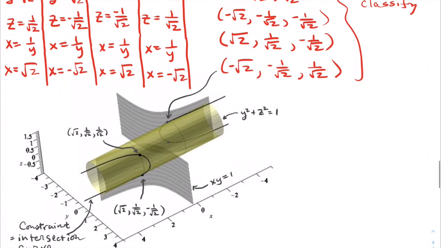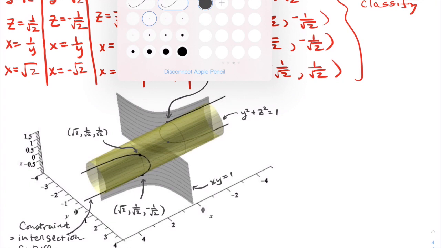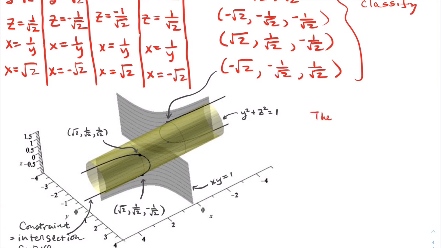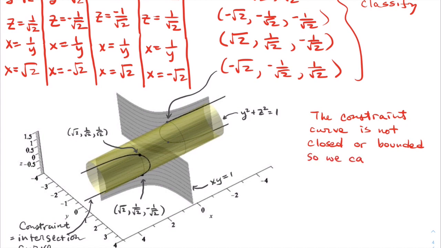And the intersection curve is not closed or bounded. So we can't use the test for absolute maxes and mins.